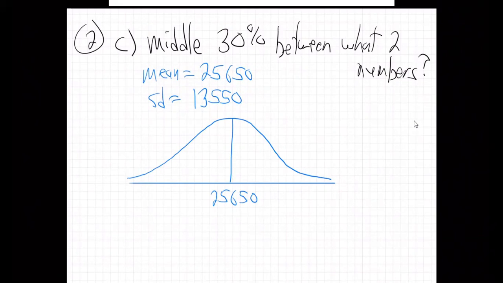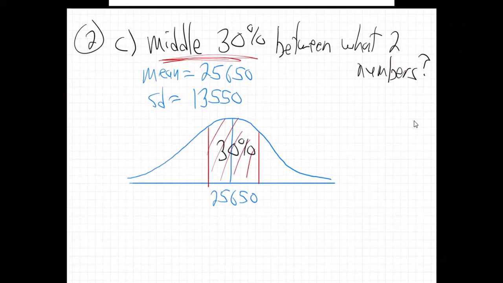They want the middle 30%. So that means we're going to put a couple of lines, boom and boom. Back that up a little bit. Maybe there. Good enough. And we're saying this is 30%.